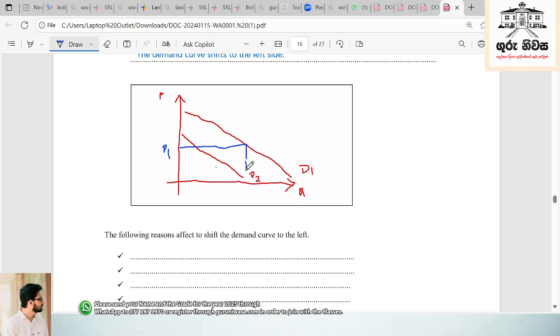Originally at price P1, assume Q1 quantity is demanded. But now, at the same price, people are willing and able to buy less quantity, less than Q1. But the price hasn't changed. This reduction in quantity demanded, or reduction in demand, is caused by some other factors.